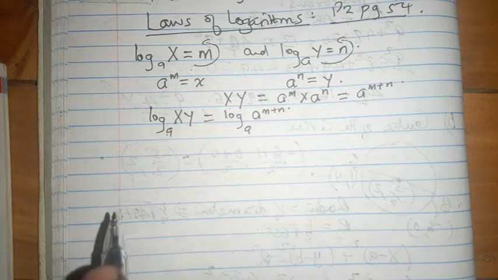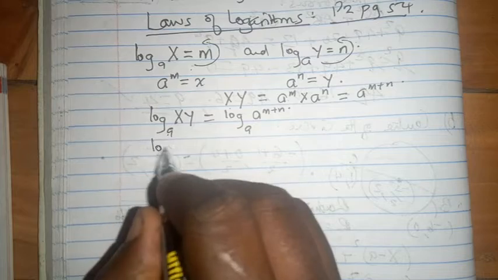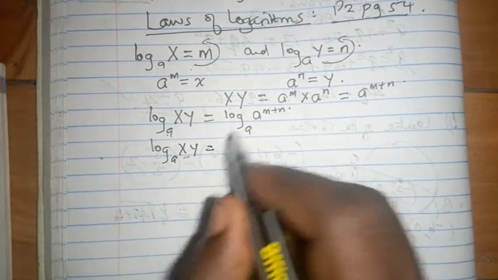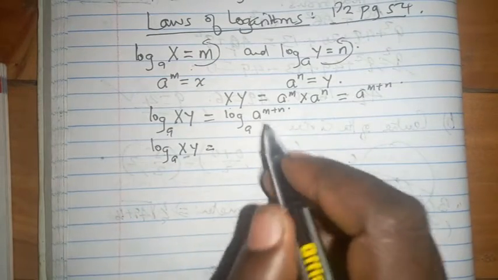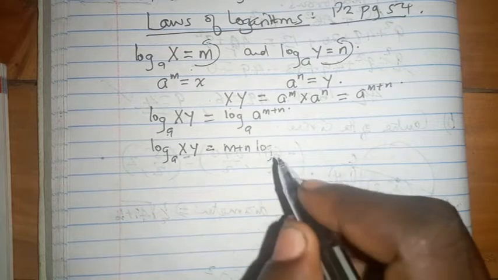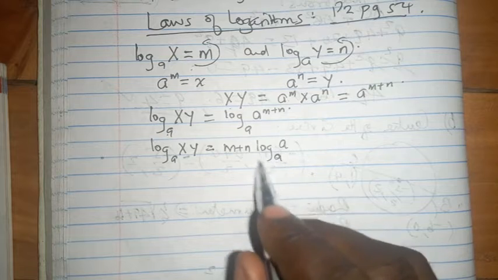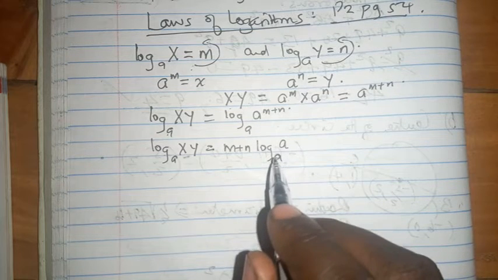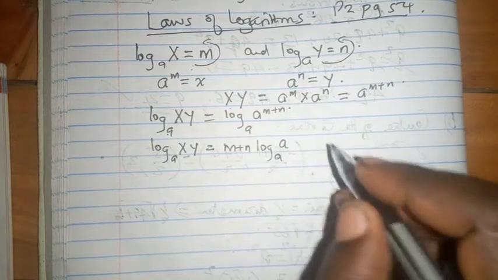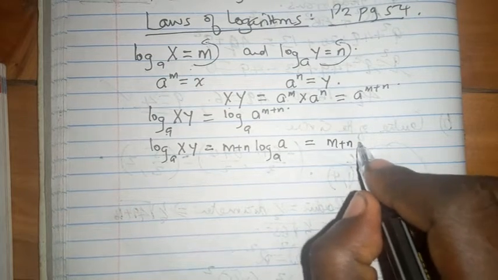The index becomes a multiplier, m plus n, multiplied by log to base a of a. We know that log to base a of a, or log to any base of the same number, is 1, which makes this m plus n.